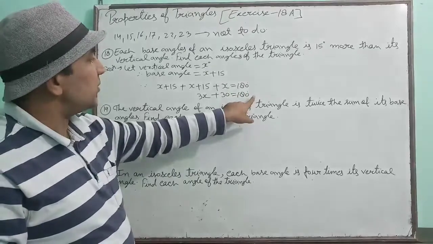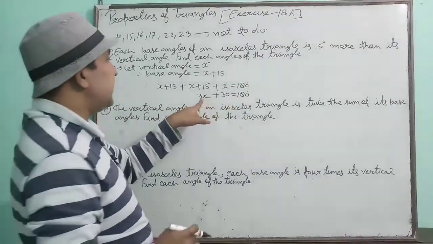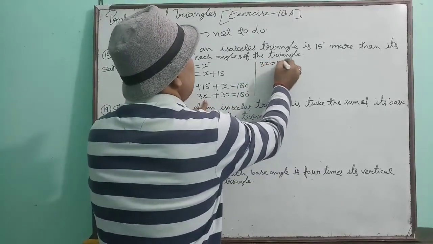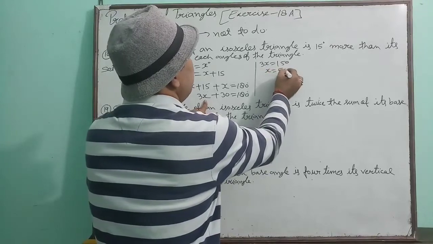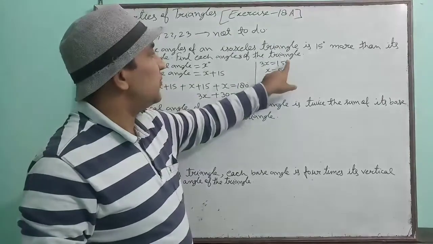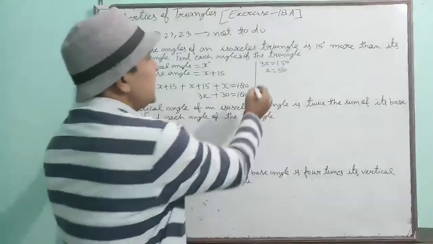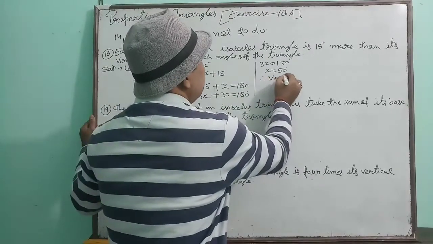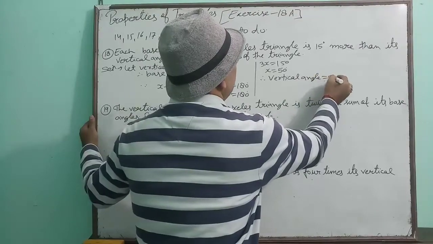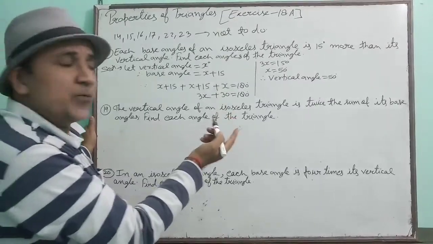This 30 is transferred to the right hand side, so 180 minus 30 is 150, and here it is 3x. So 3x is equal to 150 means x is equal to 50, because 3 will divide 150 by 50 times. x is 50 means vertical angle is 50 degree.